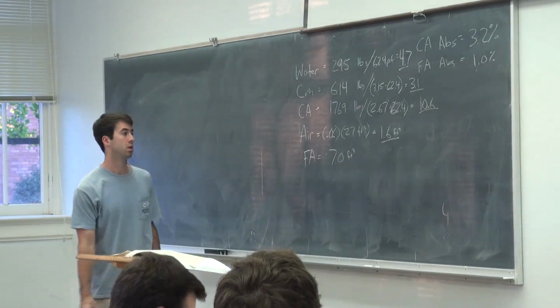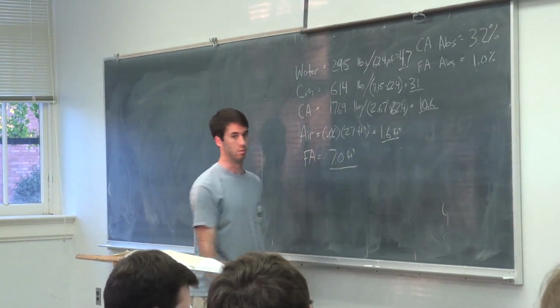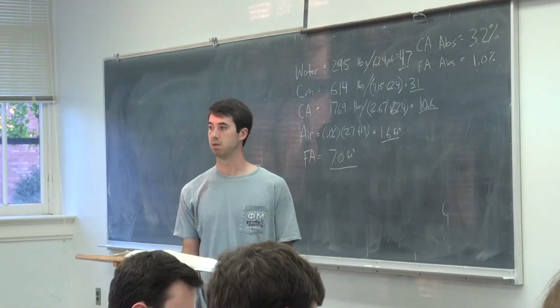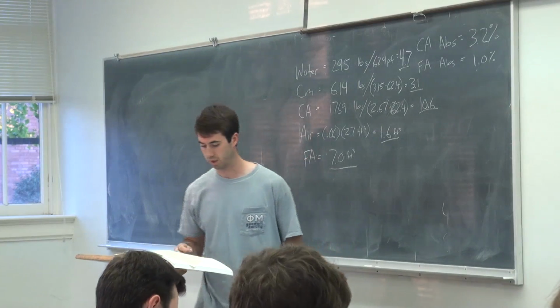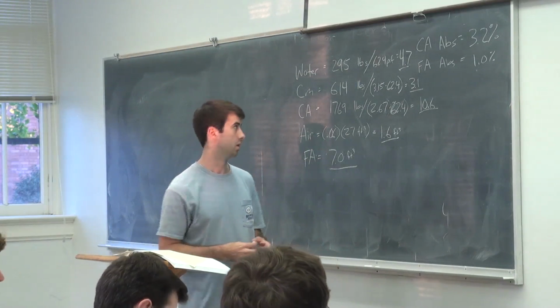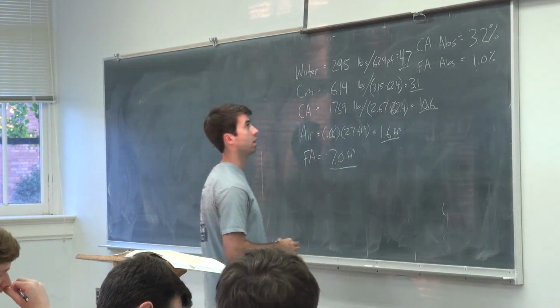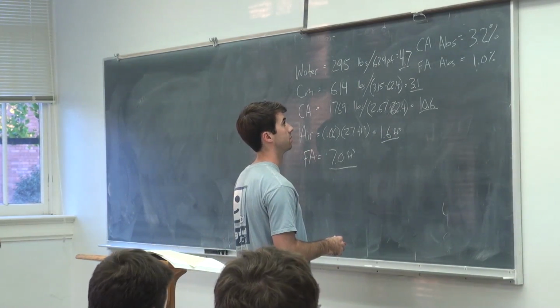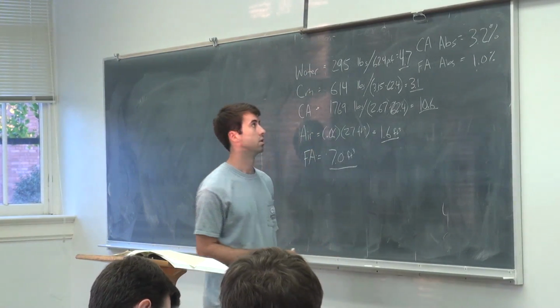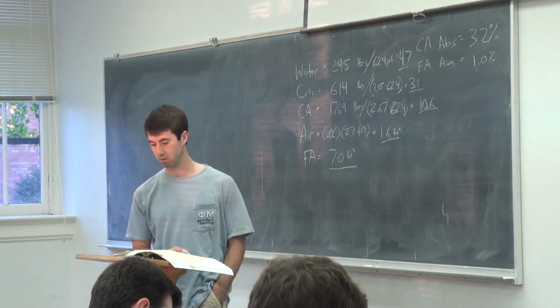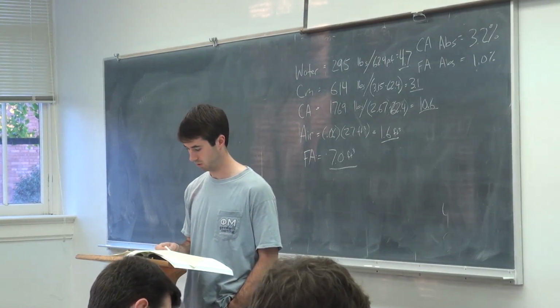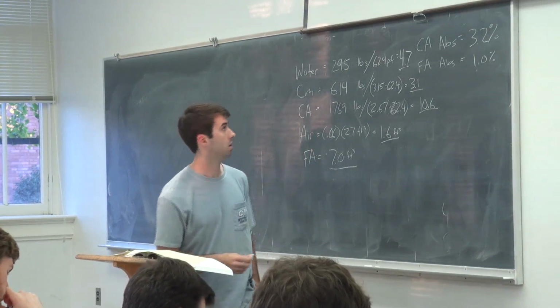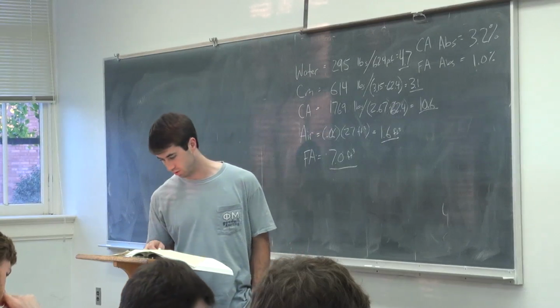So now are we done? Nope, absorption and stuff. Alright, so if we've got an absorption, let's see, 27 cubic feet. We weren't given water constants. Were you given water constants?